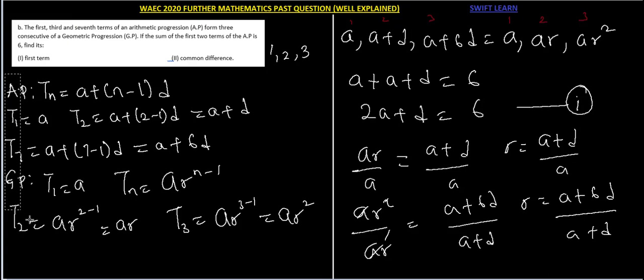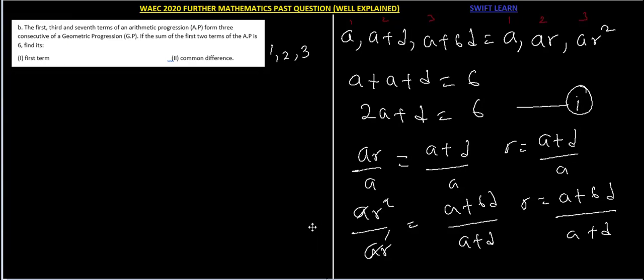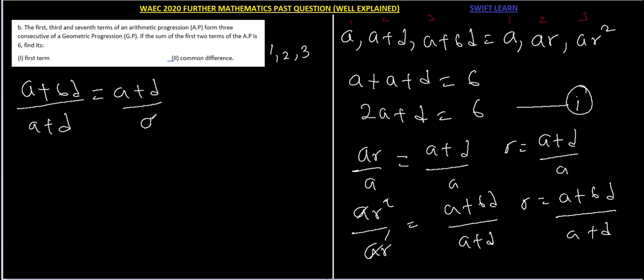So you can just see R equals R. Let's cancel this first. So we can see R equals R. So if I say R equals R, I have (A plus 6D) divided by (A plus D) equals (A plus D) divided by what? A. Then we can cross multiply.